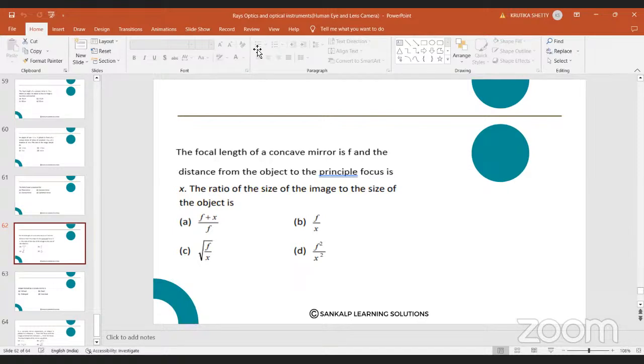We need to simplify. Yes, it is option B.